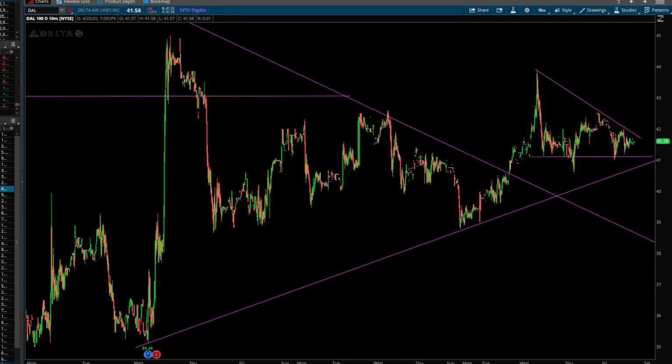So let's say that it's still hovering at this 41, and I want to get real tight with it. Let's say it dipped down to 41.10, and I only want to risk 10 cents because it's just not going anywhere. It's just hovering right here. So 10 cents is all I want to risk on my tight risk add.